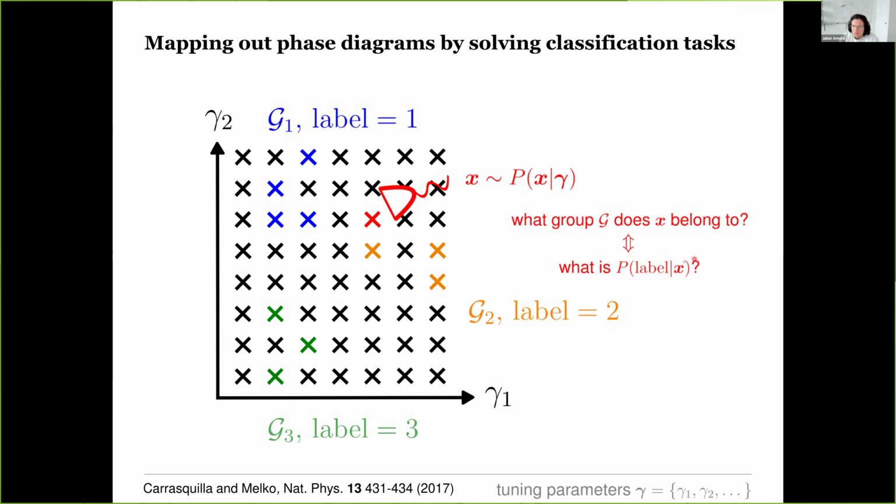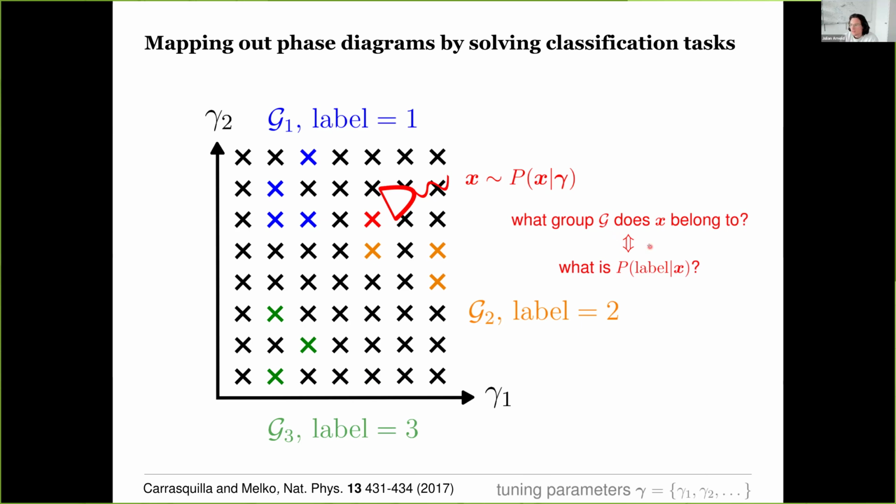That's equivalent to asking what is the probability distribution over all of the possible labels given the sample X. Because if we knew this probability distribution, we could make the best guess by just picking the label which maximizes this probability. And that's a classification task, because what we really do is assign each possible sample X a corresponding group or a corresponding label. So that is the classification task we want to solve.